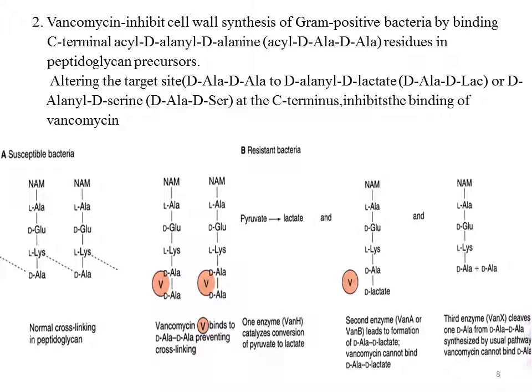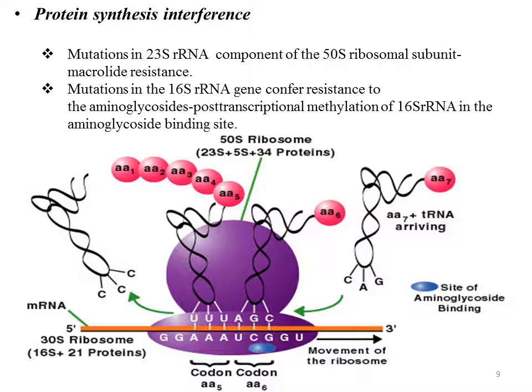In the case of the VAN-X enzyme, it cleaves the D-alanine residue from the C terminal, thereby inhibiting the binding of vancomycin, and the bacteria is rendered resistant to vancomycin.